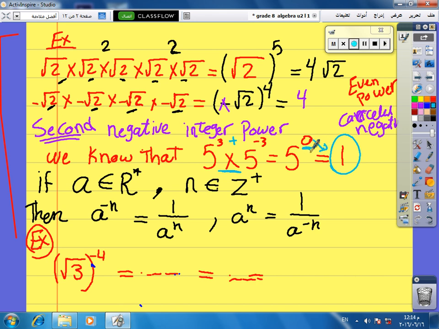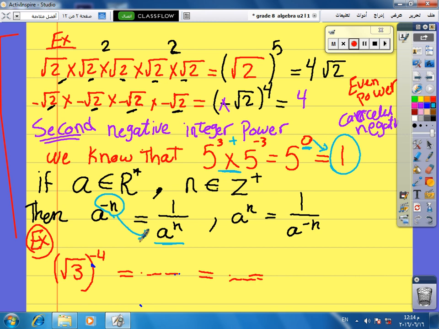So if A belongs to R star, n belongs to the positive, then A power negative n equals 1 over A power n. Notice that here n is negative n. When I write it in the denominator, I make it positive.